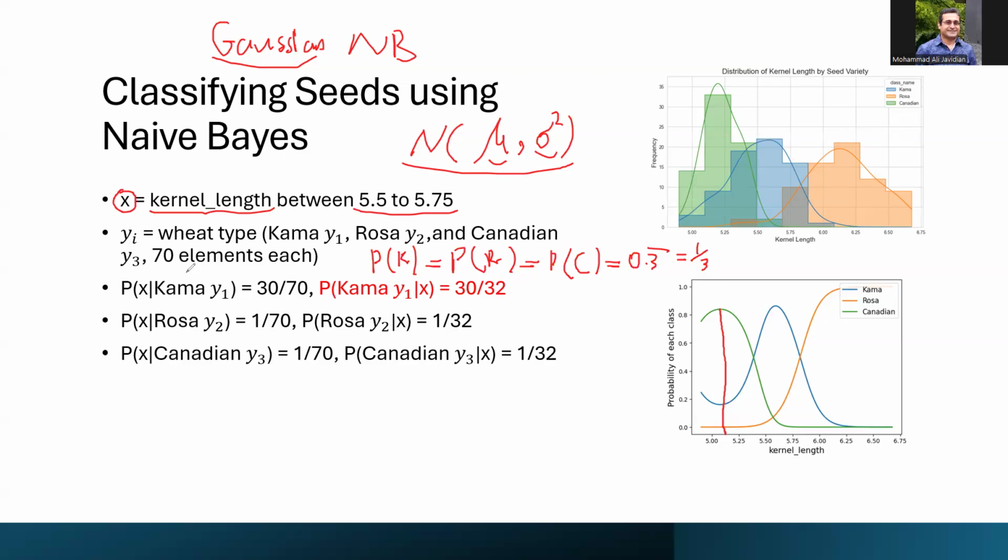Because each class has 70 elements, so 70 divided by 210 is 1 over 3. And so the probability of each class is 1 over 3.